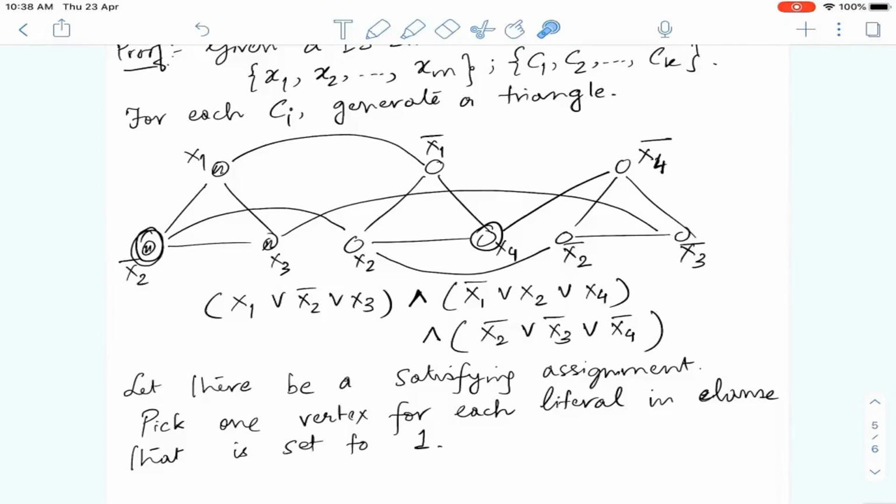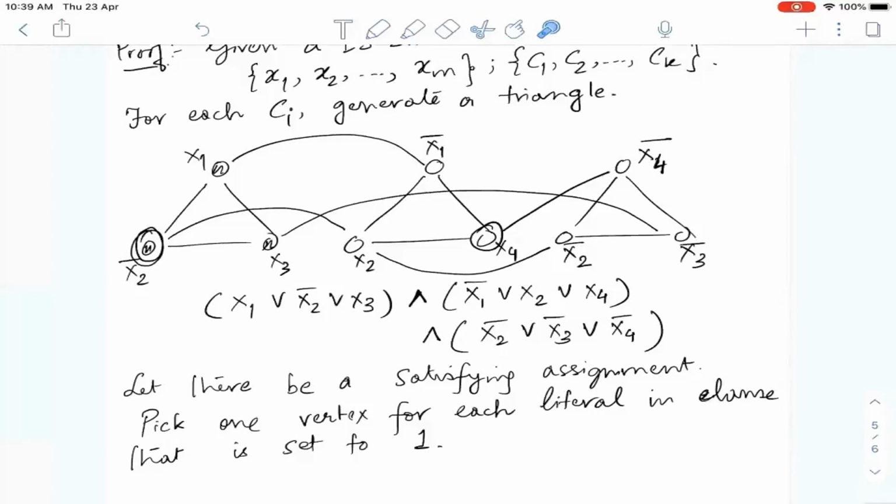Each of them has 3 vertices, because it's an E3-SAT instance. I label the vertices with the corresponding literals. For example, in this picture the first clause is x1 or x2 bar or x3, so I have labeled these vertices accordingly. Similarly for the second one, I have x1 bar, x2 and x4. The third one has x4 bar, x2 bar and x3 bar.